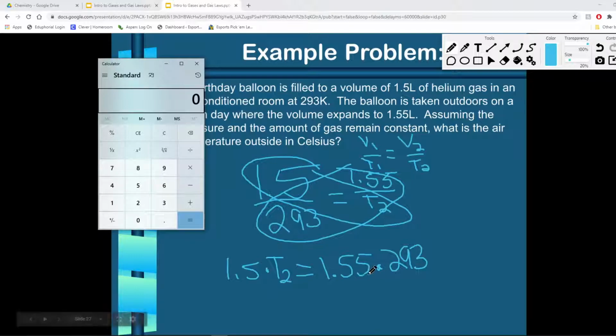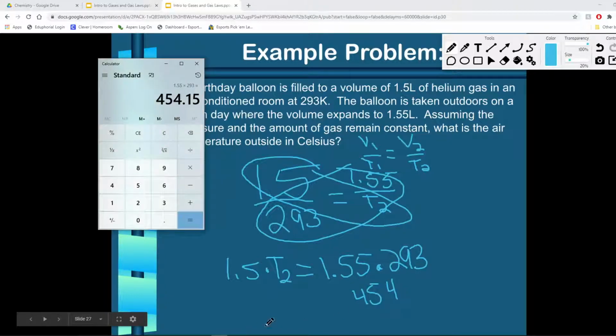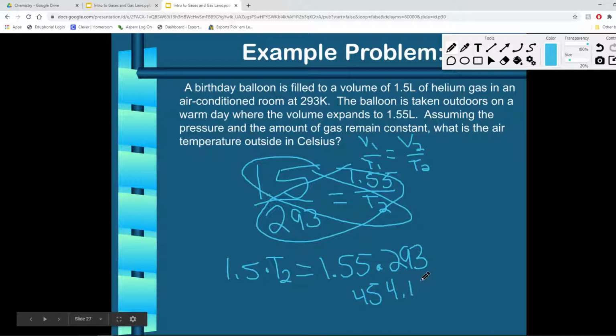Okay, so then we've got to multiply these two together. So 1.55 times 293 is 454.15.